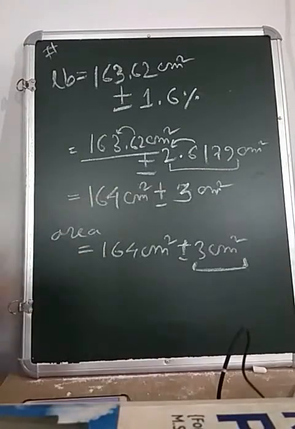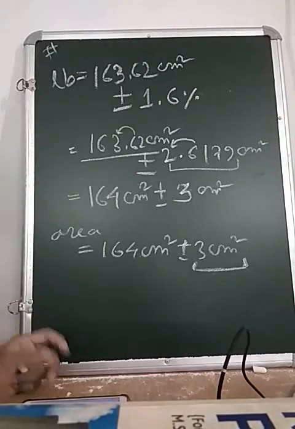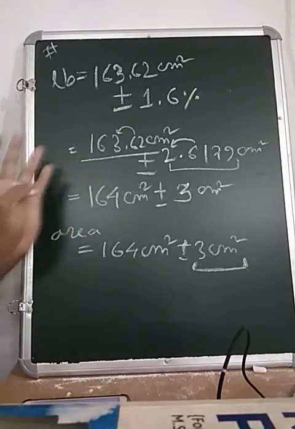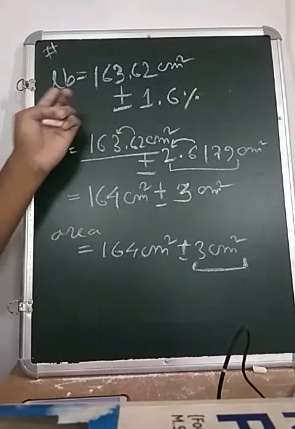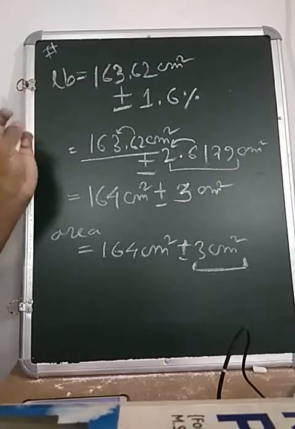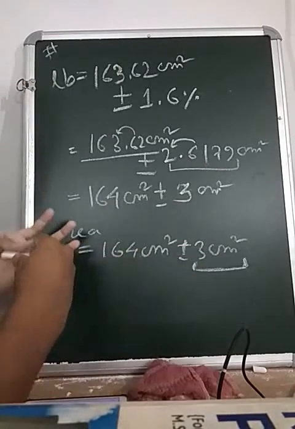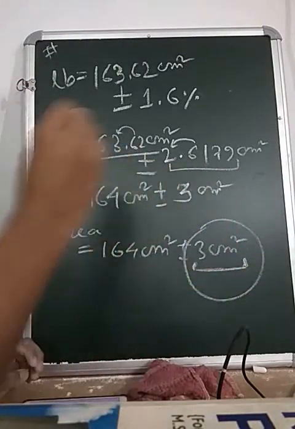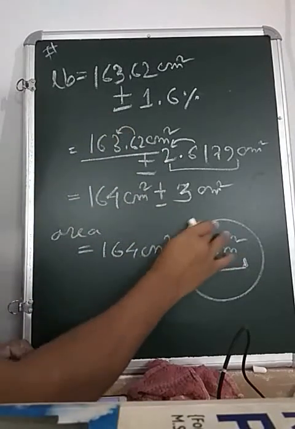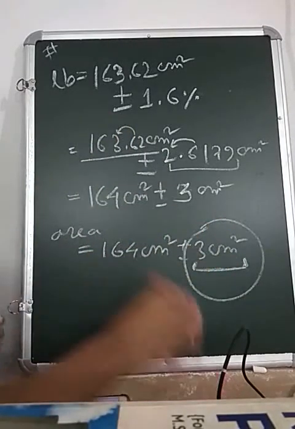Okay, so this is how we determine the uncertainty after an arithmetic operation. This is the arithmetic operation L cross B, a multiplication. So this is how we represent the uncertainty or error of a physical quantity after an arithmetic operation.